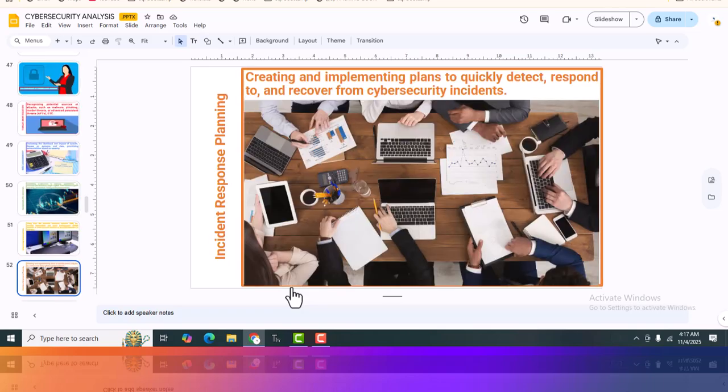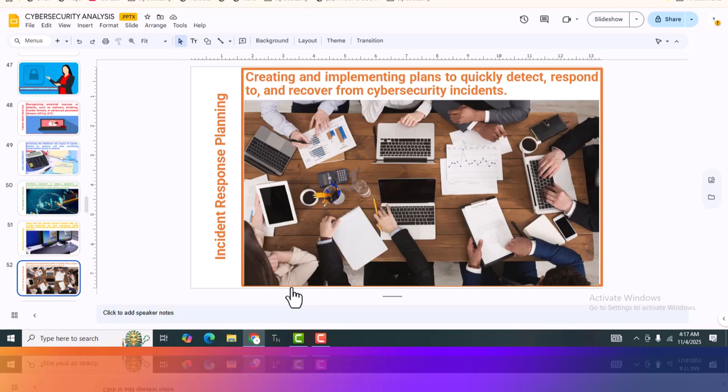So we also have incident response. Incident response has to do with creating and implementing a plan to quickly detect, respond to, and recover from cybersecurity incidents. The ways we detect an incident, respond to it, and recover from it is what we refer to as incident response planning.